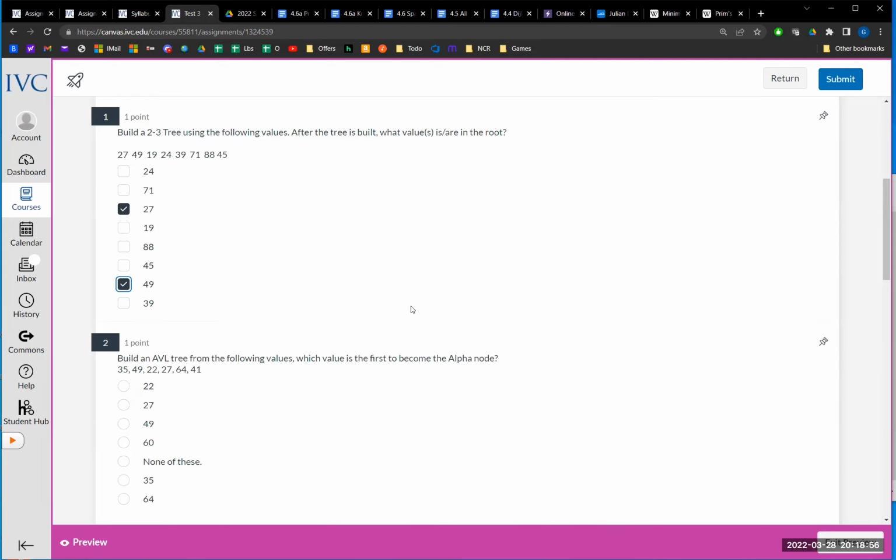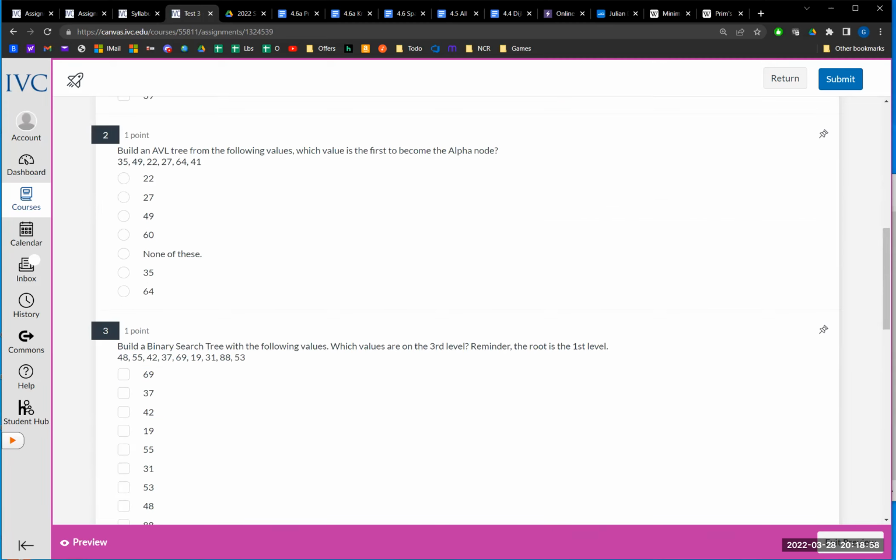All right, number 2, build our AVL tree. 35 balanced, 49 balanced, 22 still balanced, 27 still balanced, 64 still balanced, and then 41. All right, so no rotations.